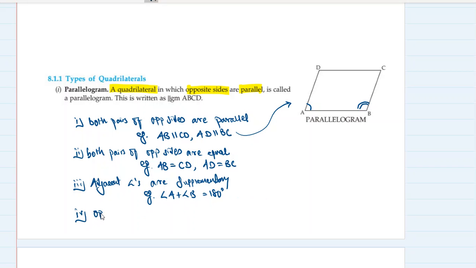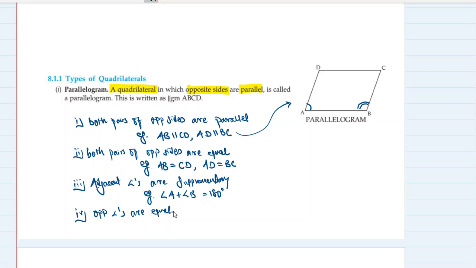Next, opposite angles are equal. I know you all have studied these properties of a parallelogram in class 8th, but this is a kind of revision, because I feel that as you go to a higher standard, you tend to forget some of the things you learned in the lower class, and that happens with everyone. So that's not a problem.